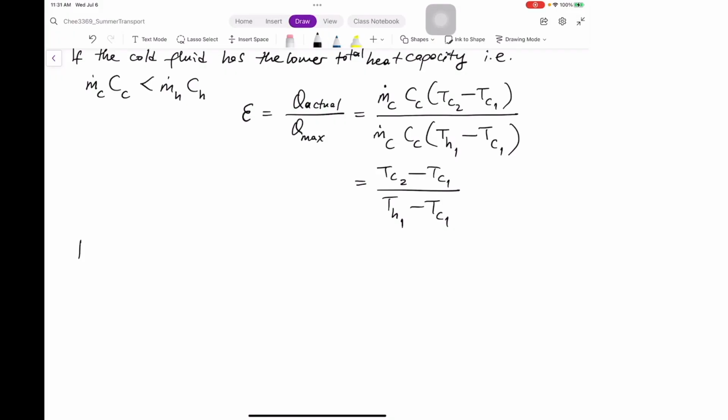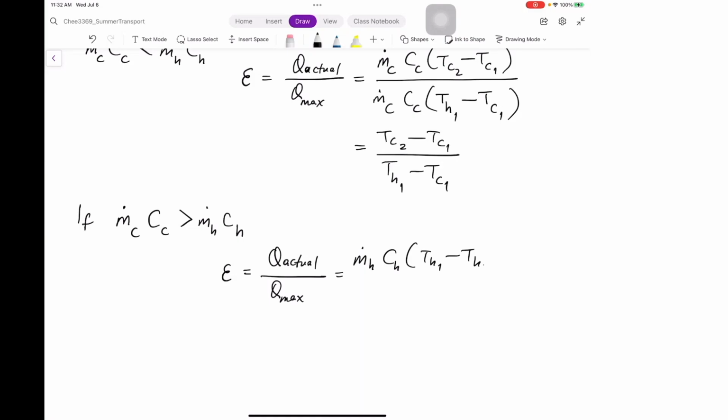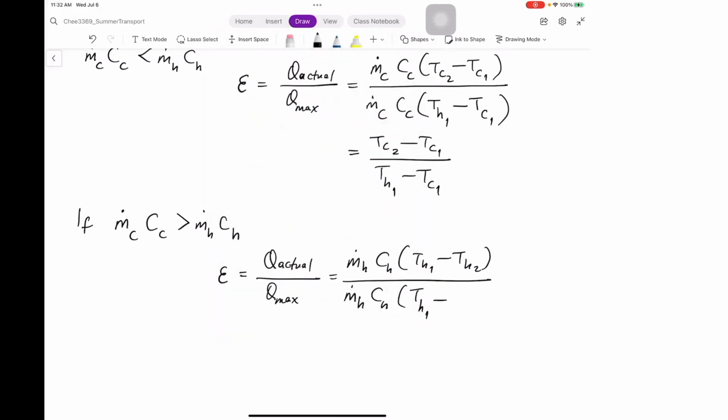If, on the other hand, M dot C times C_C is larger than M dot H times C_H, then the epsilon can be written as M dot hot C hot (T hot 1 minus T hot 2) divided by M dot hot C hot (T hot 1 minus, instead of T hot 2, we replace it by T cold 1).